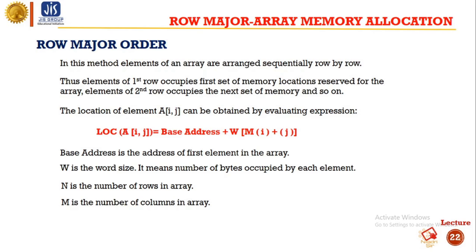The location of a[i][j] equals base address plus w times (m*i + j), where base address is the address of the first element, w is the word size, the number of bytes occupied by each element, n is the number of rows and m is the number of columns in the array.